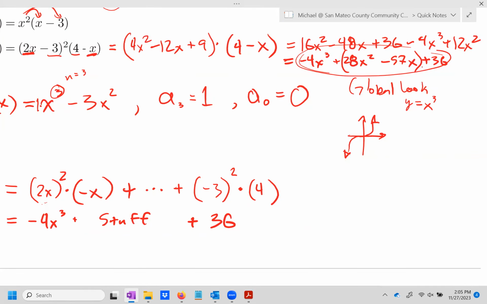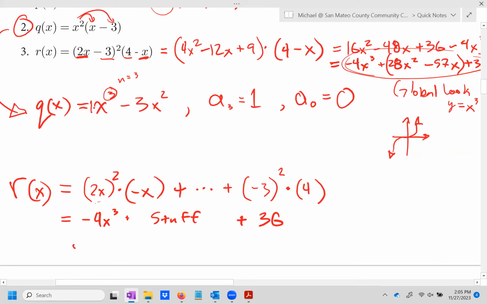So what's the degree of this polynomial? Yeah, n equals 3. What's my a sub 3? What's the coefficient? What's my lead coefficient? Is it 4 or negative 4? And what's my a sub 0?